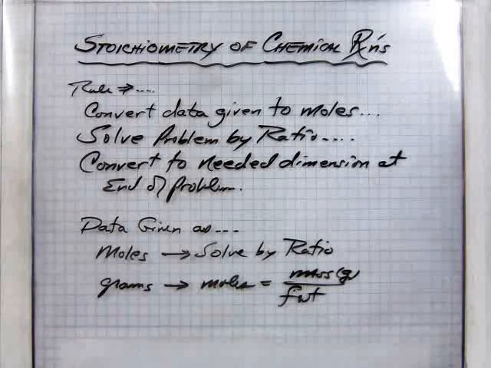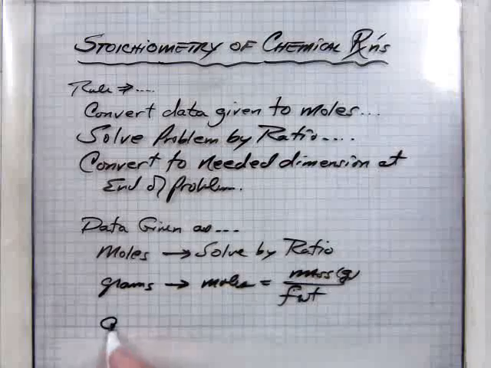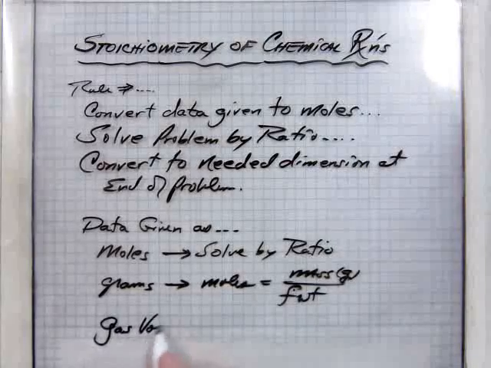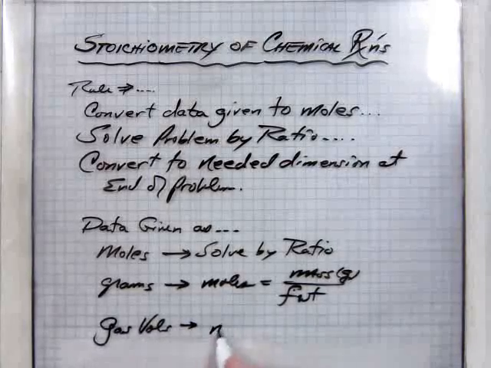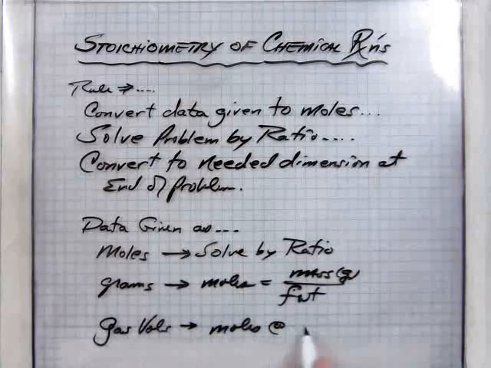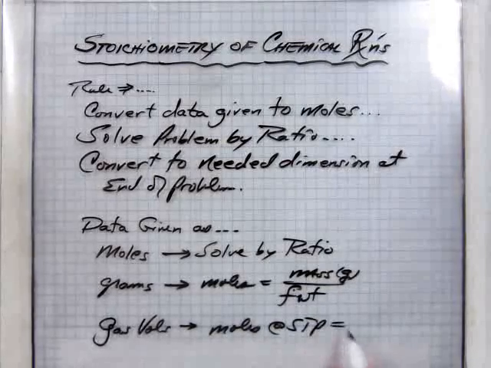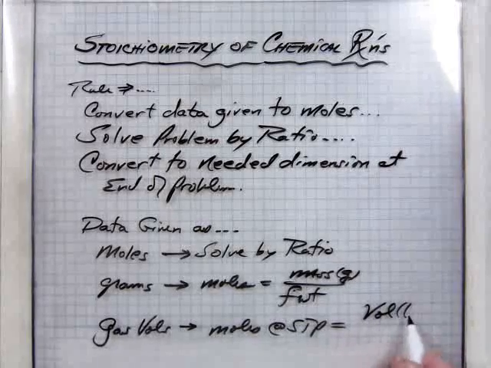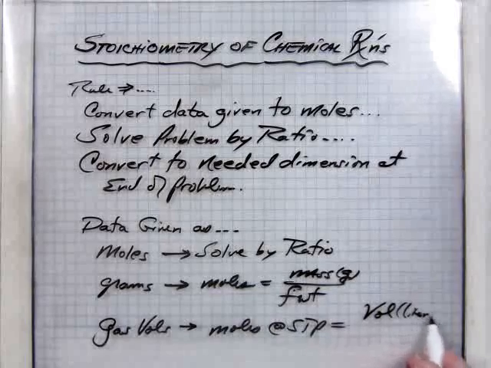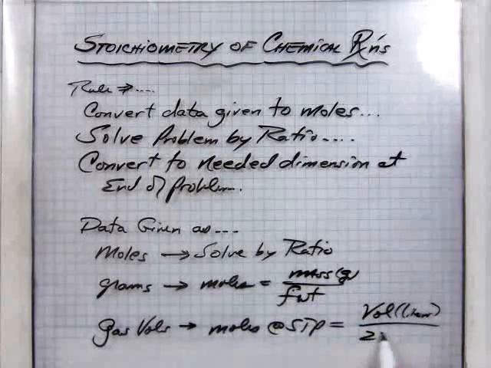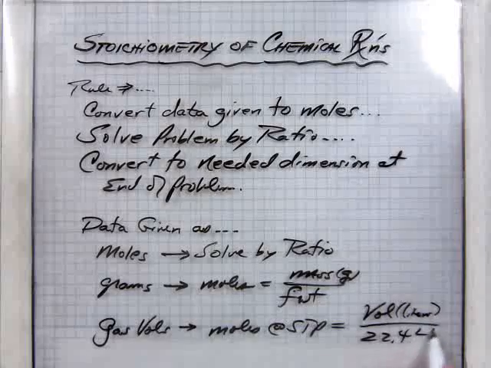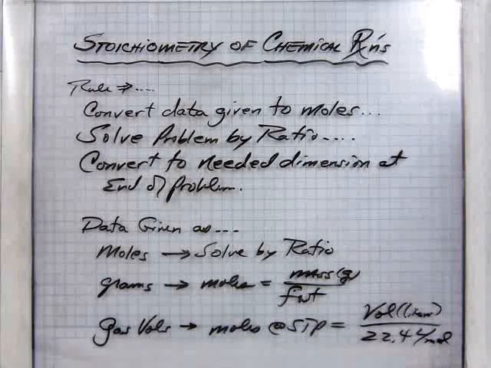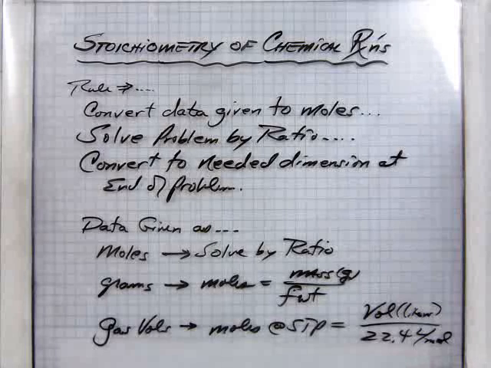That'll get you to moles in that case. If you're given gas volumes, moles at STP is volume in liters divided by 22.4 liters per mole. Okay? And those will get you into the moles.